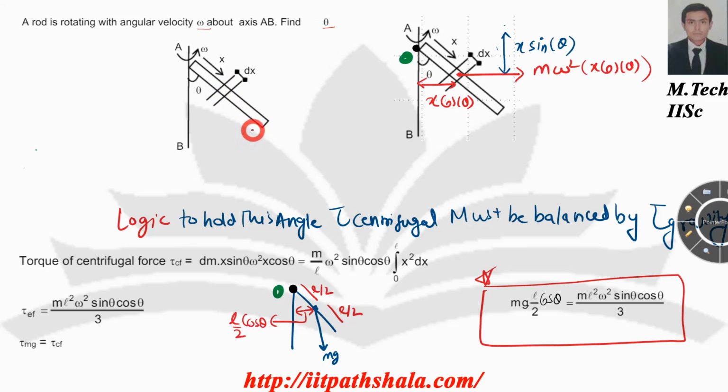If the torque due to the centrifugal pseudo force acting on this rod is balanced by the torque due to gravity, then I can get this position or this theta itself. Keep in mind that to calculate the centrifugal force, you cannot just take the central point at L by 2 where the mass is concentrated. First you have to calculate the value of the centrifugal force itself.